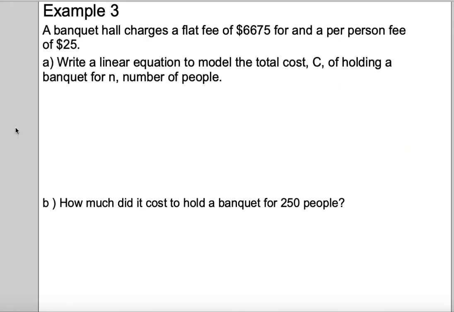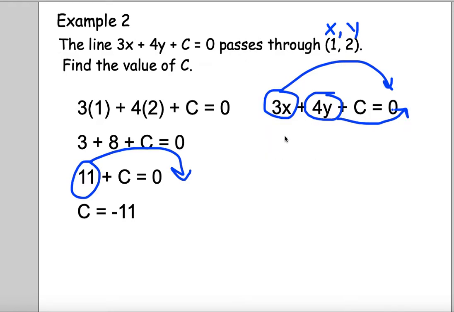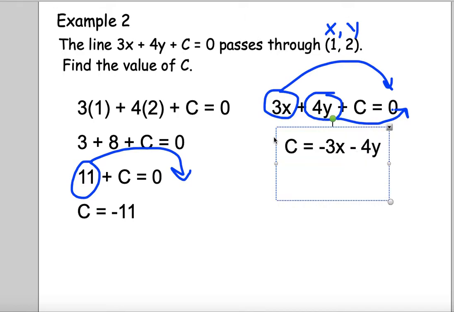Let's just start a new line. You're going to have c is equal to -3x minus 4y, because we need to change our integer signs.